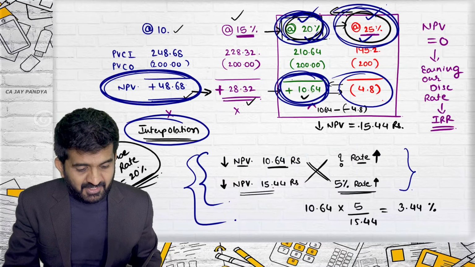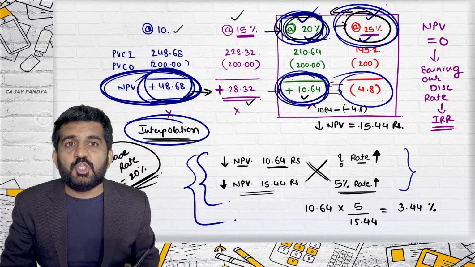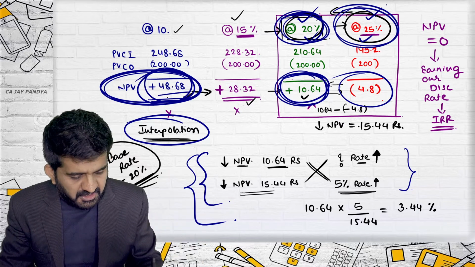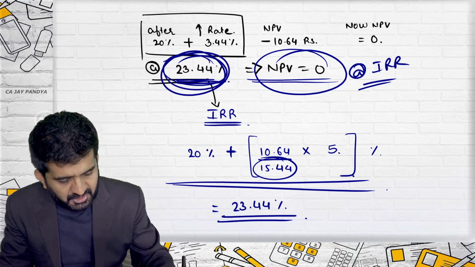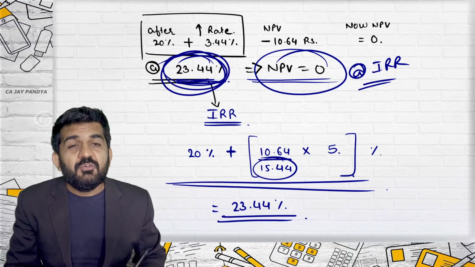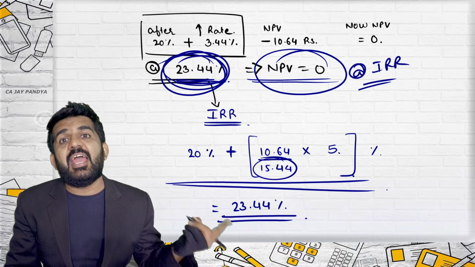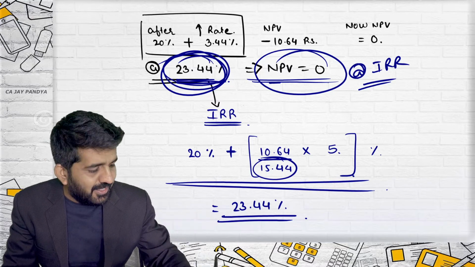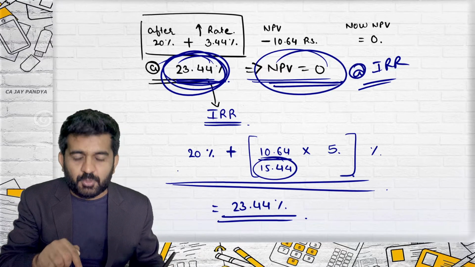Your NPV is what? 48.68. If someone asks you what is NPV of your project, it is 48.68; what is IRR of the project, it is 23.44%. For some knowledge, if someone asks you what will be NPV at IRR, NPV at IRR will be zero. That does not mean NPV of this project is zero.